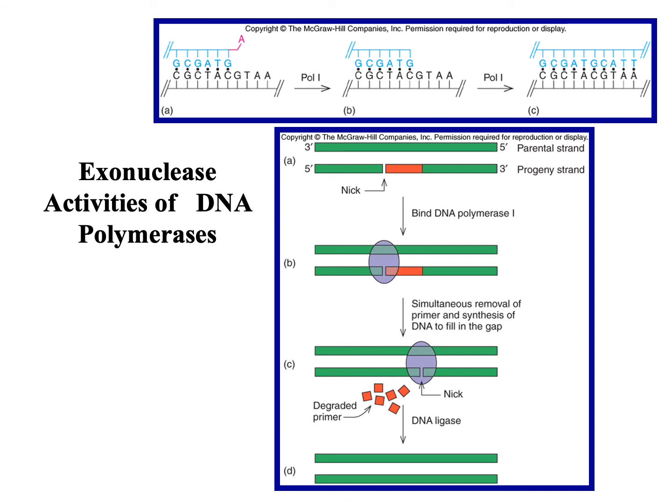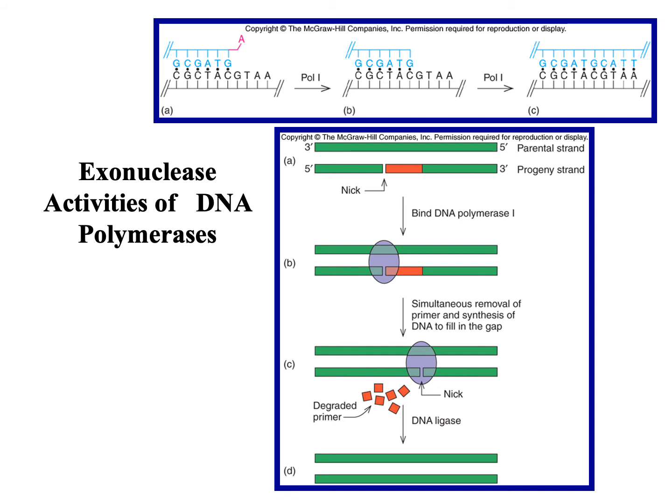It turns out that this enzyme that they isolated actually has some other functions associated with it. There is exonuclease activity with DNA polymerase 1. So let's look at the word exonuclease and piece it apart just a little bit. If we look at the root nuclease, again, it has the ASE ending, which tells us it's some type of enzyme.